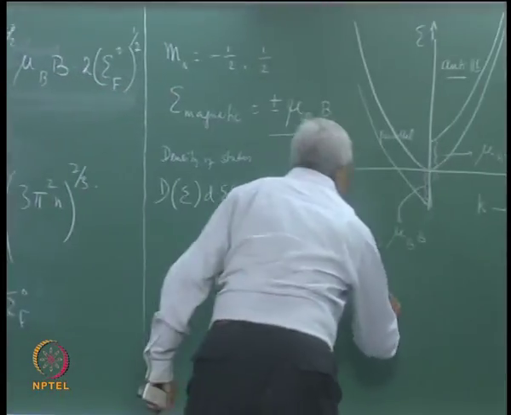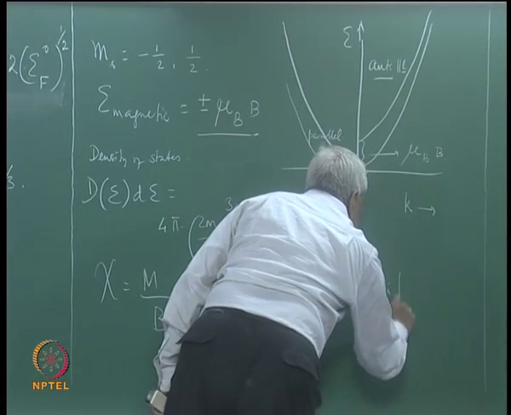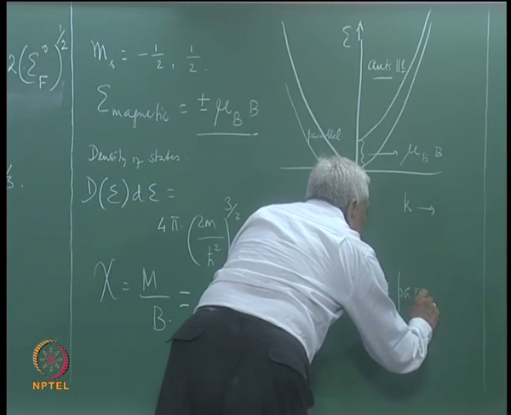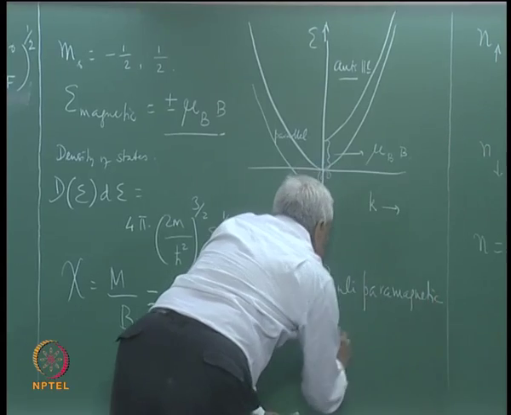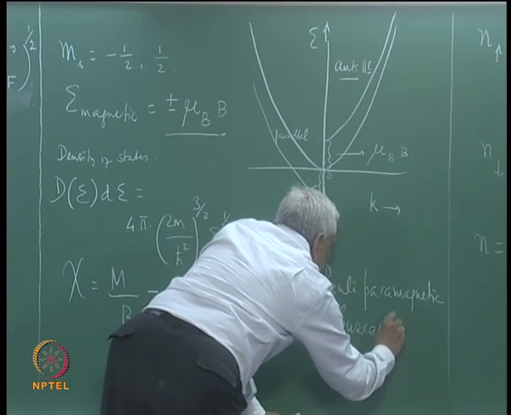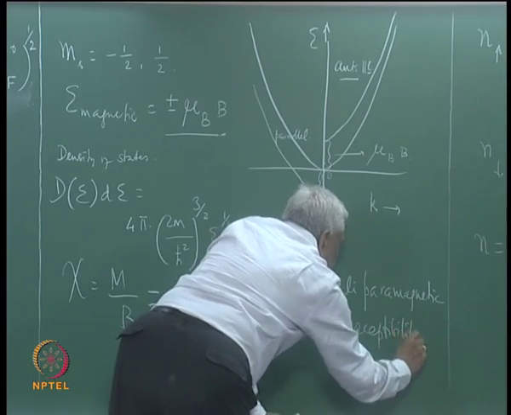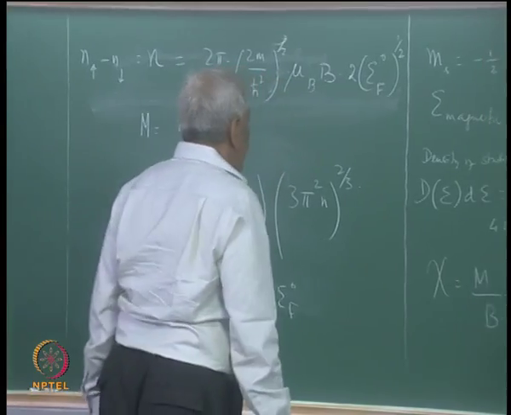And this is known as the Pauli paramagnetic system, after Pauli, who first determined this.